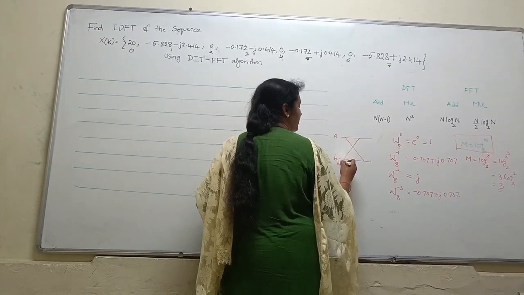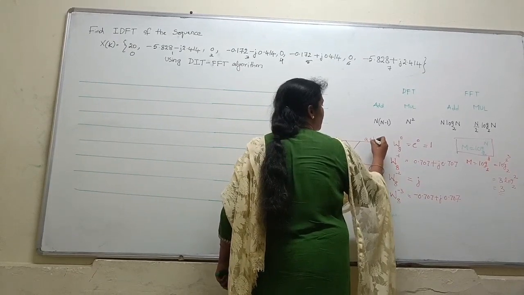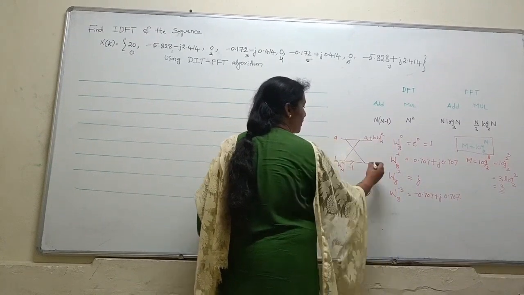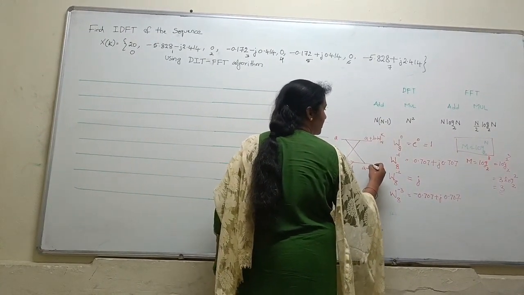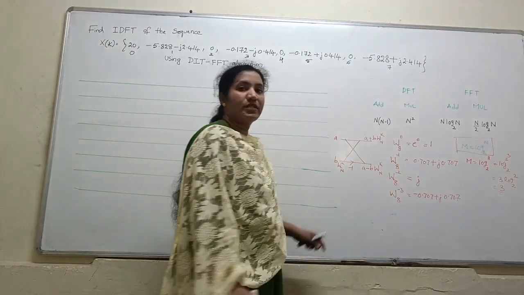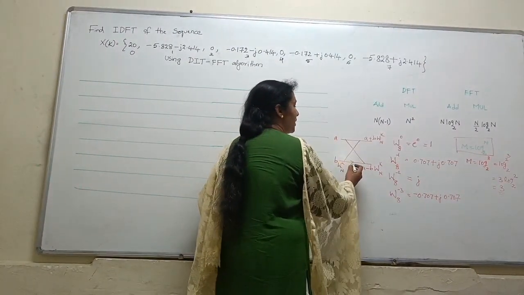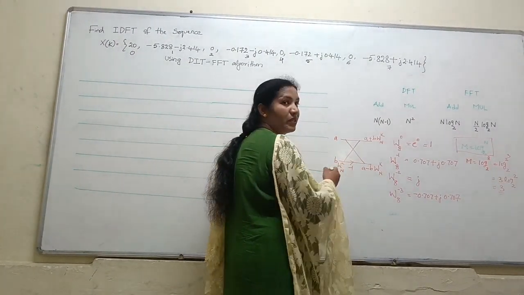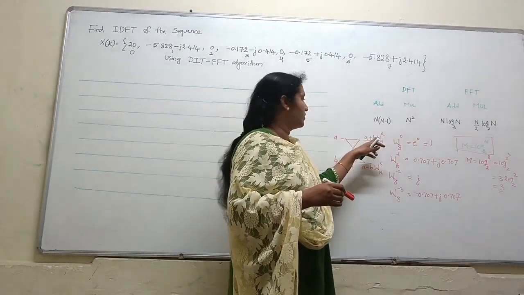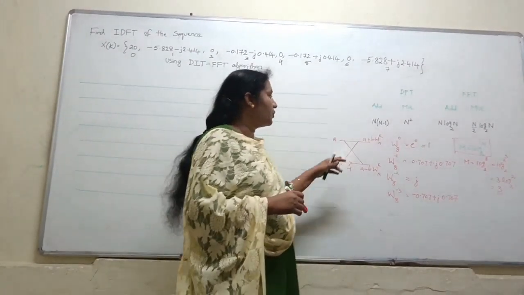Here this is K and this is N. So if you go here, you will get A plus B into twiddle factor W N power K. But when you are crossing this line, you will get A minus B W N power K. So this is the basic diagram where on the upper portion you are multiplying with plus 1, but on the lower portion you are multiplying with minus 1. So A plus B into W N power K. So you are multiplying with the twiddle factor. So this is a small introduction about a 2-point DFT.